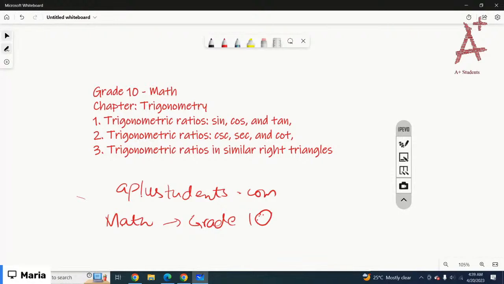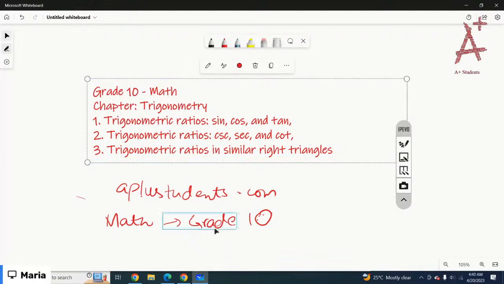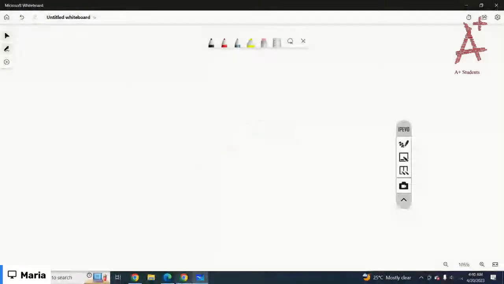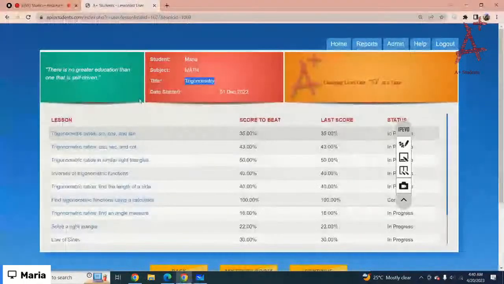So let's just start with the first lesson, trigonometric ratios, sine, cos and tan. Here I'm on grade 10 maths. The chapter name is trigonometry, and here is the first lesson. So let's just start with the lesson.